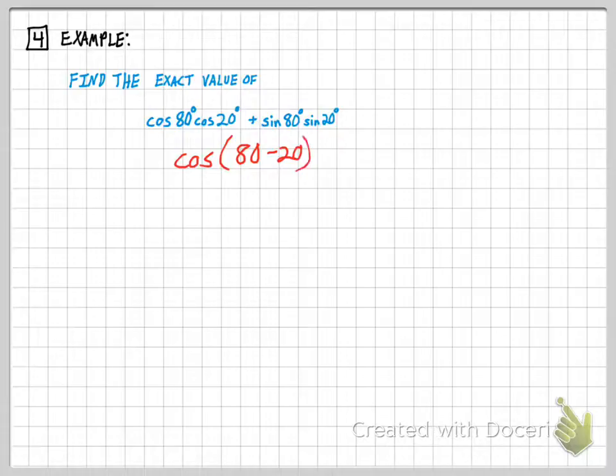So we want to basically understand these formulas in both the forwards and backwards direction. Once you recognize that, we can simplify it to cosine of 60, and that's a value that you should know. Once again, from your unit circles, the cosine of 60 is 1/2. Okay, so again, understanding the formulas from this section, both forwards and backwards, is expected, provided you have the formulas right there in front of you on your toolkit.